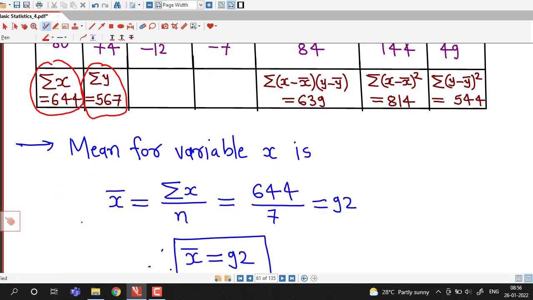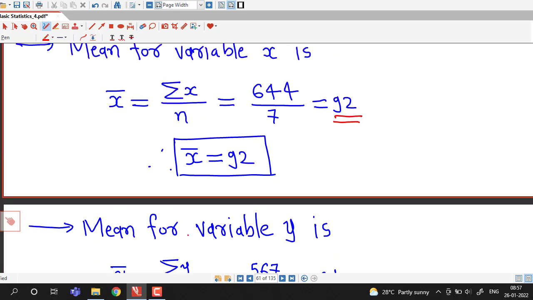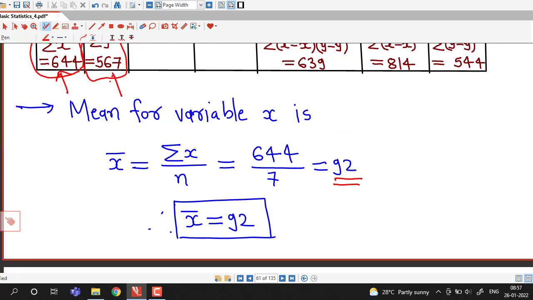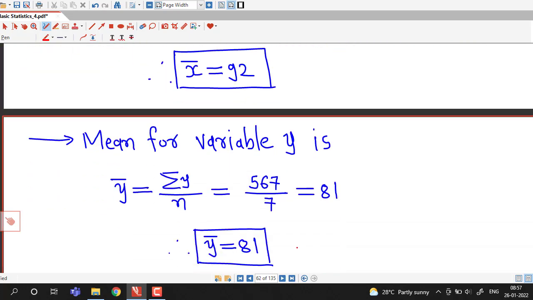Mean of x is x bar equal to sigma x divided by n. Sigma x is 644, n equal to 7. Therefore x bar is 92. Mean for variable y is y bar equal to sum of y values divided by n. Sigma y is 567. So we find that mean for variable y is 81.